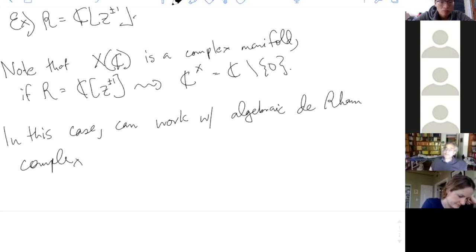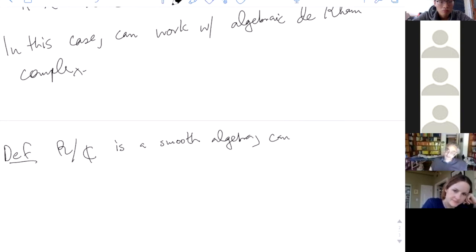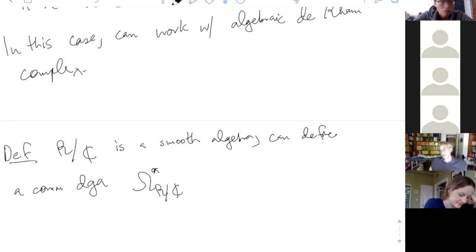So how is this defined? Definition: if R over C is a smooth algebra for now, then we can define a commutative differential graded algebra, commutative DGA, which I'll call Omega^*_{R/C} with a differential d.